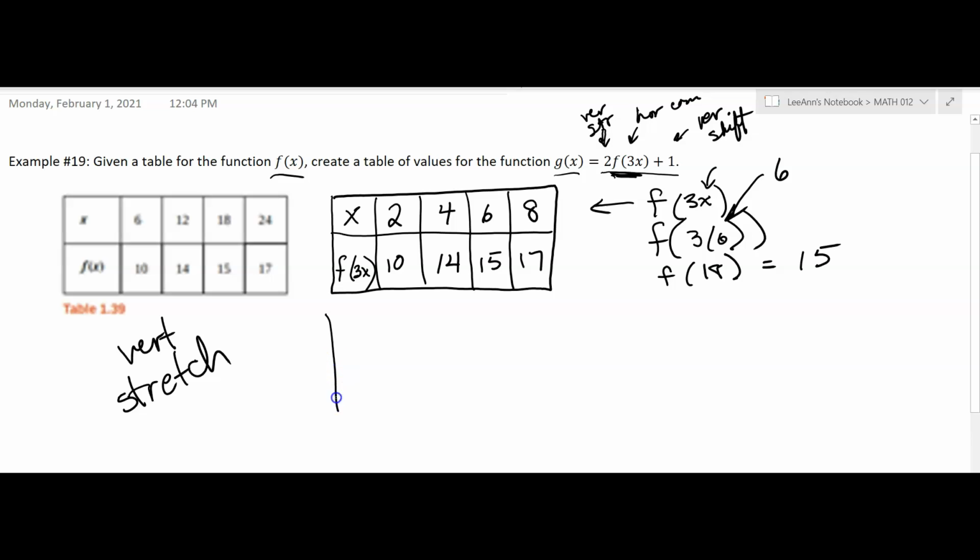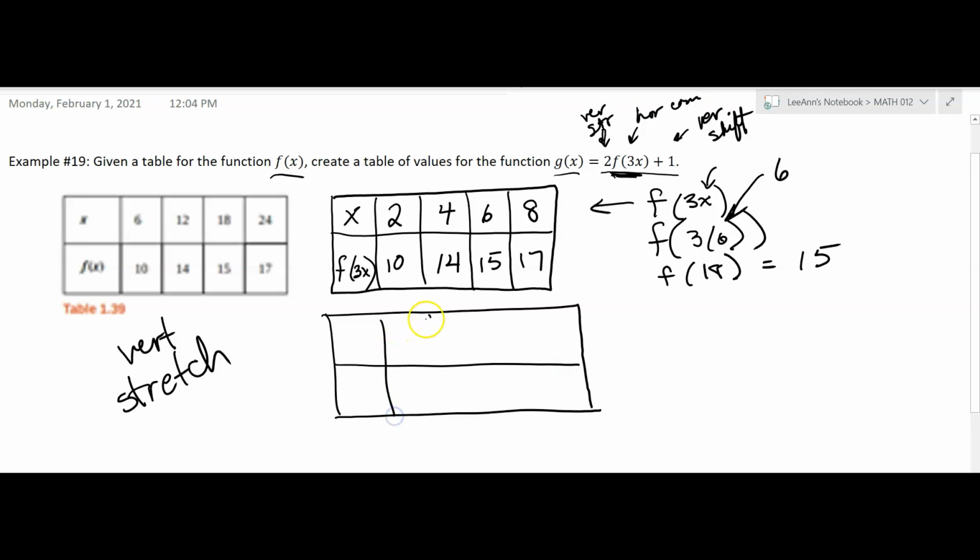So I'm going to make a new table. Now for a vertical stretch, the inputs are going to stay the same. 2, 4, 6, 8. But what's going to happen to the outputs? All of those outputs are going to get doubled. So the part that we're doing is 2f of 3x.